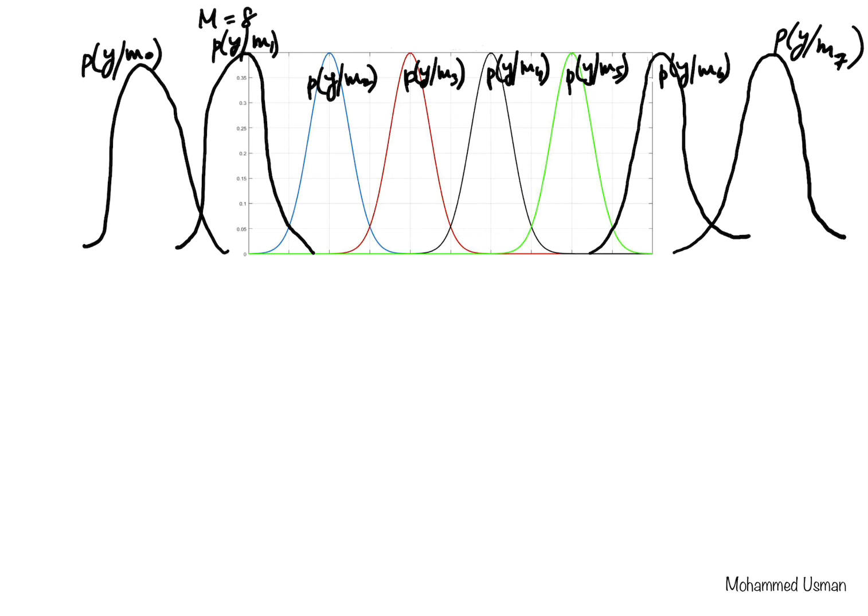Okay, now we don't need to write down the error probabilities for each of them. What we notice is the error probability for m0 and the error probability for m7, the 2 symbols on the extreme ends, the leftmost and the rightmost, will have an error probability of Q function of a by 2 sigma.